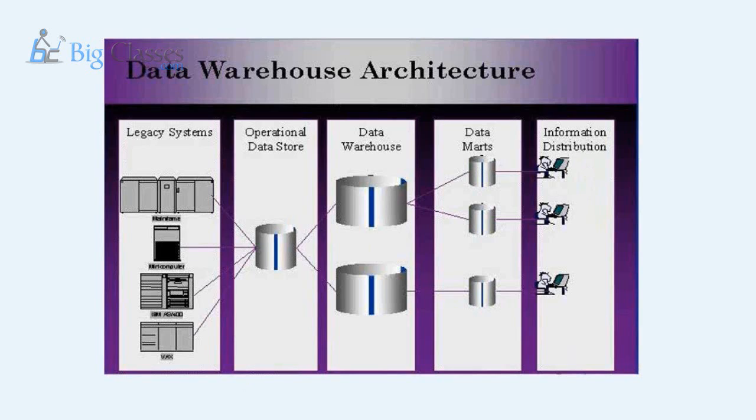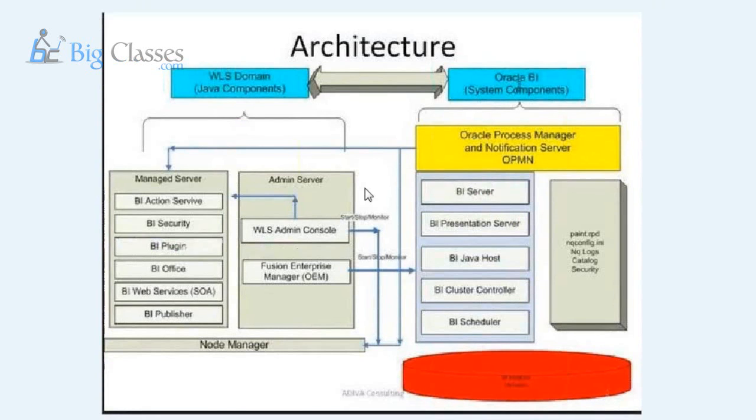When it comes to the OBIEE side, this is an architecture of OBIEE. First thing is, what is a report? Why do we create reports? What will it contain? A simple example: if you go to the hospital, they will see the reports.